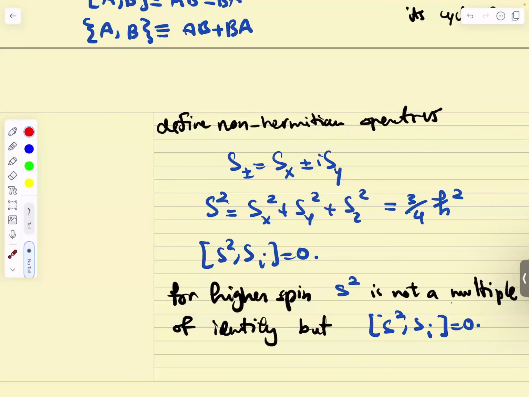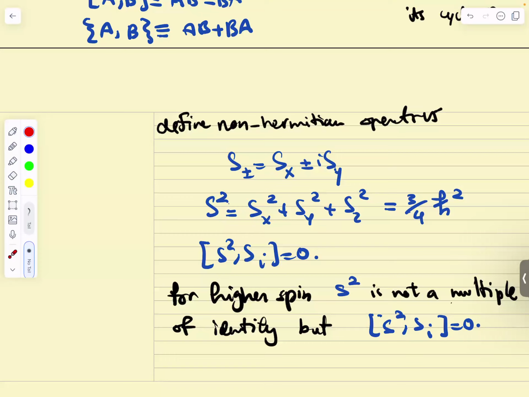Now, it is helpful to define non-Hermitian operators, S plus and S minus. I defined them before. These are Sx plus or minus i Sy. Good? It's also very helpful to define the total spin squared.